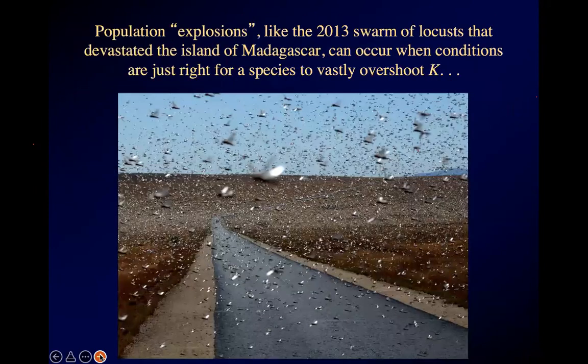Okay. So if you have conditions that enable a species to vastly overshoot K, you can get a so-called population explosion. You're looking at a scene from a swarm of locusts in 2013. Locusts are related to grasshoppers. They are plant-eating insects.